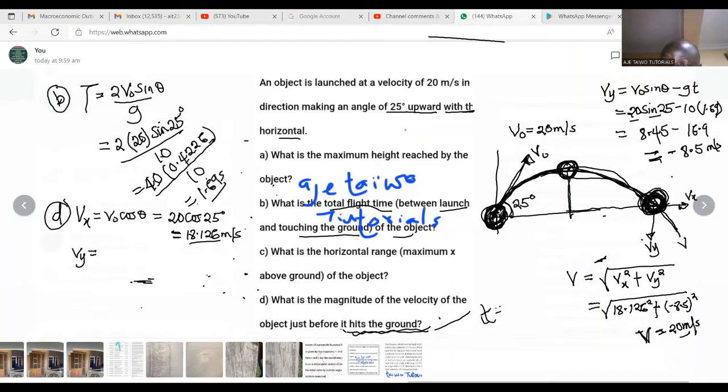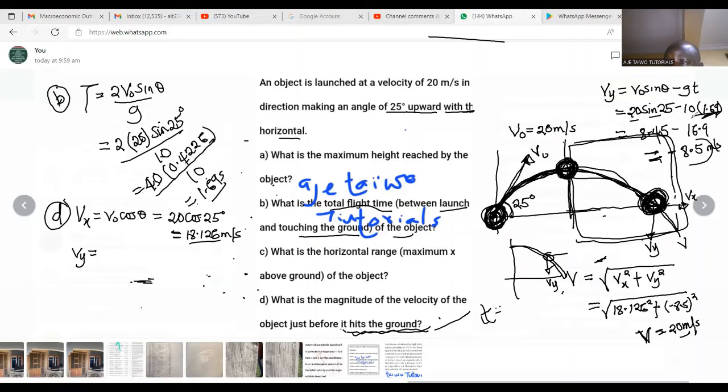The time it takes to rise is half of time of flight, and so is the time it takes to fall. If you do this part of the motion only, without considering the rising part, your Vy will be different from what we used here, because the time we use will be half of 1.69.